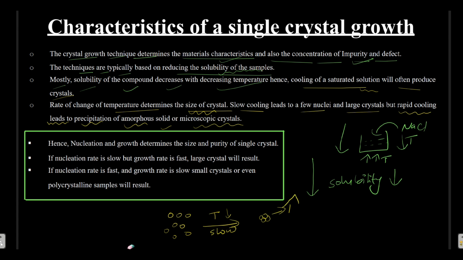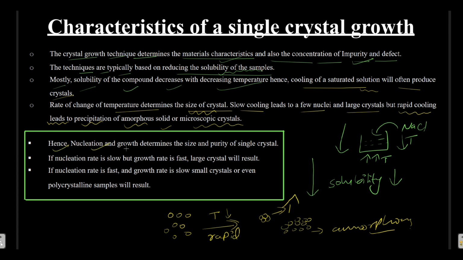But in another case, if the temperature is decreasing in a rapid way, will these nuclei get enough time to aggregate properly? No. Then a lot of microcrystals will be formed, that is, amorphous solid will be formed. So I have put it over here.